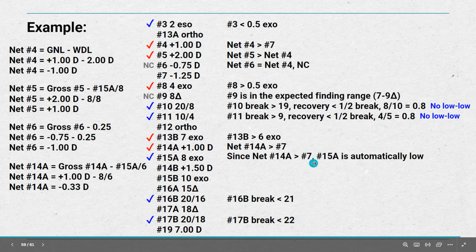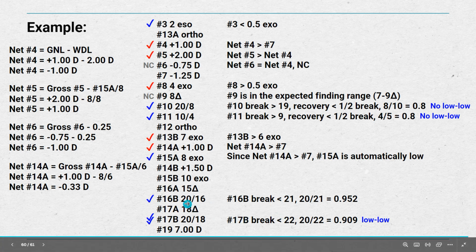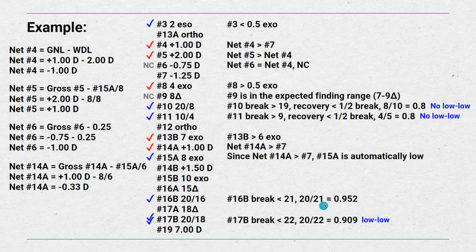And then, since the 16B and the 17B are both low due to low break, you compare them through fractions. You use the 20 given, this 20 break. So 20 over 21, where 21 is the expected. So 20 over 21 is equals to 0.952.